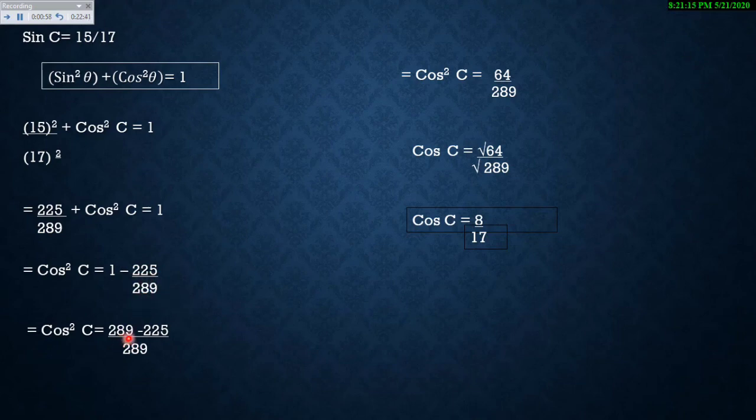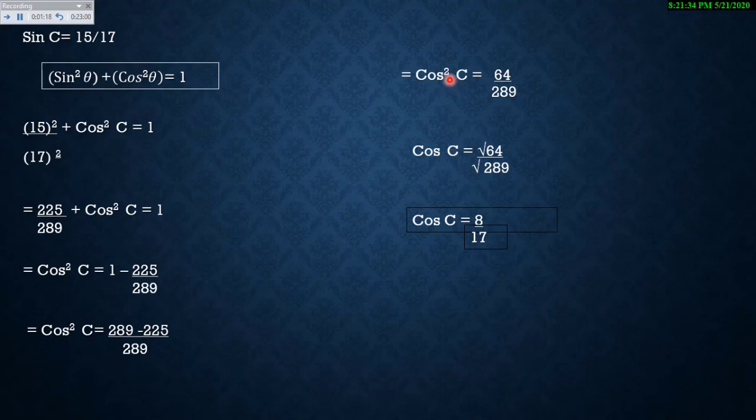We get 289 minus 225 by 289. 289 minus 225 is 64, and we have denominator as 289. So cos square C equals to 64 by 289.